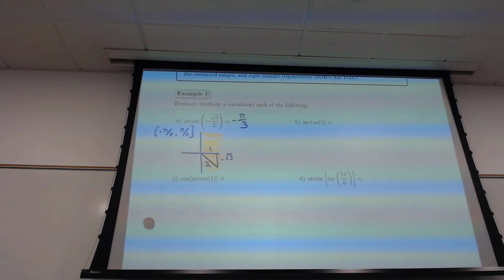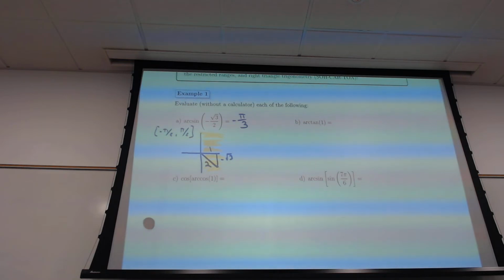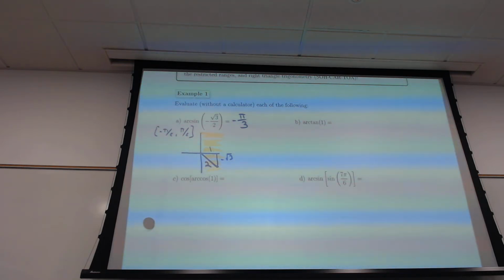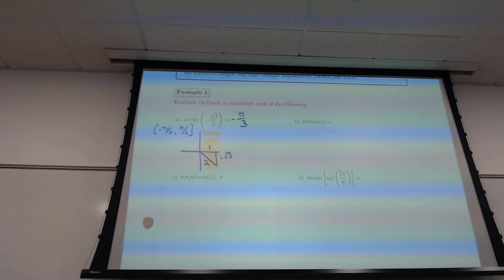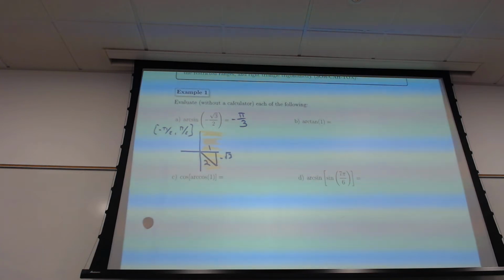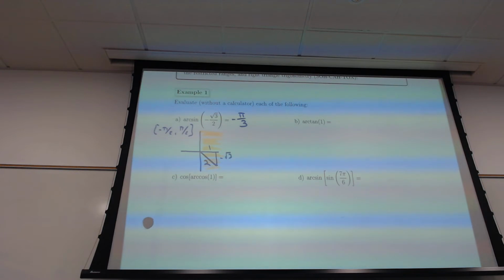Arctangent of 1. So which angle has a tangent of 1? You can use a unit circle, you can use the triangles, either way. Yes, it's pi over 4.